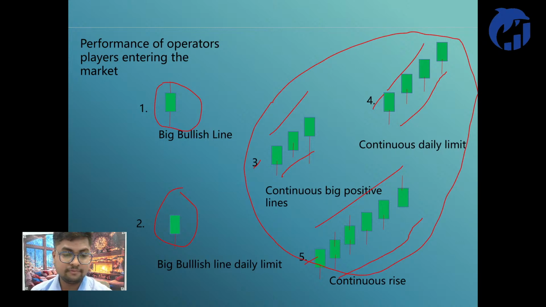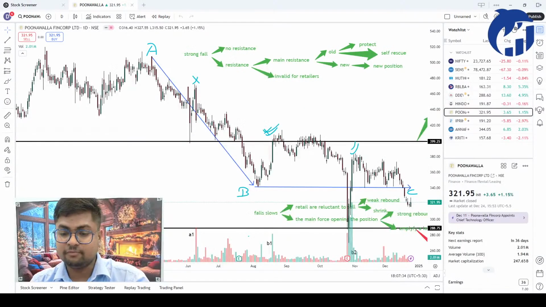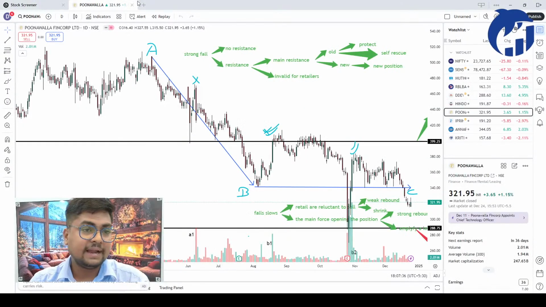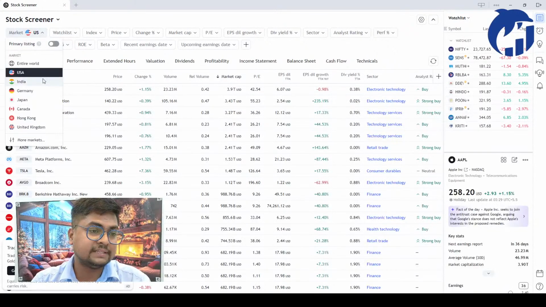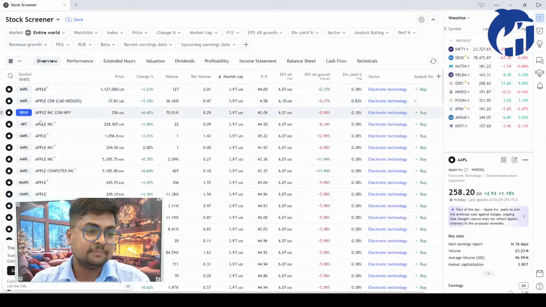In terms of small positive candlestick entry, which indicates main fund performance, we have to go to the selection of one individual stock. So just have a look. We will go to the TradingView platform, and we will search. Which stocks do you want me to cover, guys? Just let me go through the stocks here.